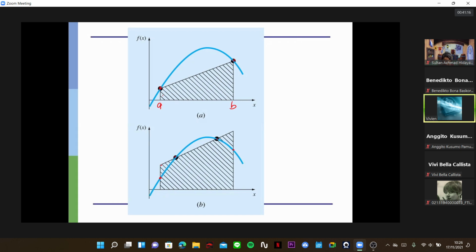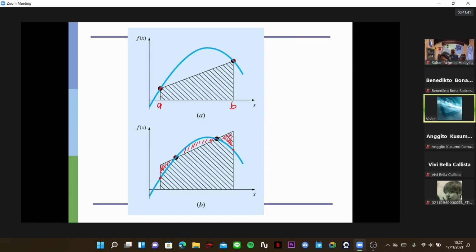We know that this will underestimate the area in this region, but here it will be overestimated, and this one will be underestimated. So the total area, when we calculate the difference, will be approaching the real value.